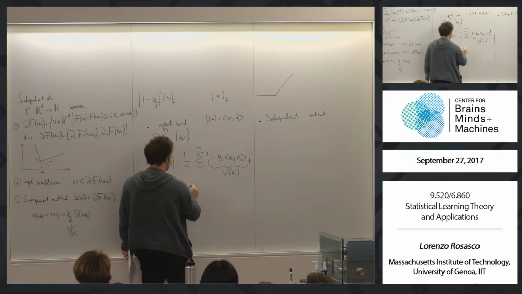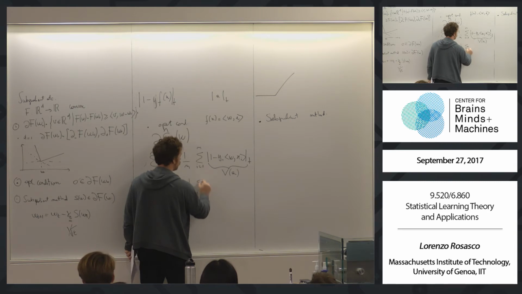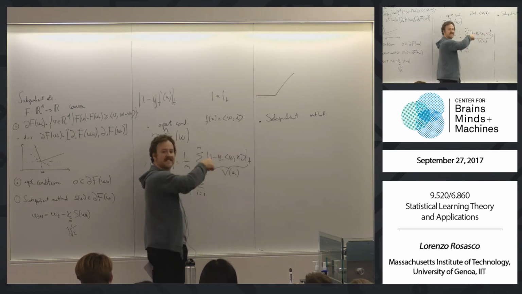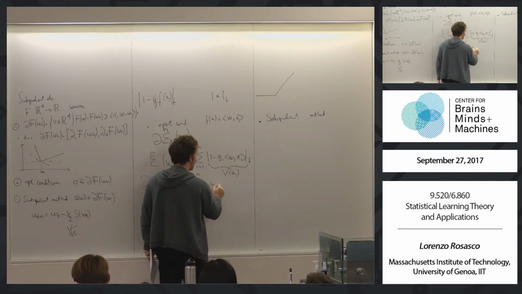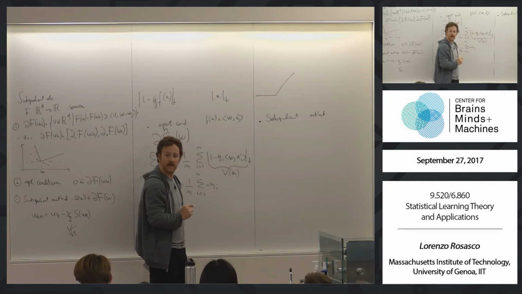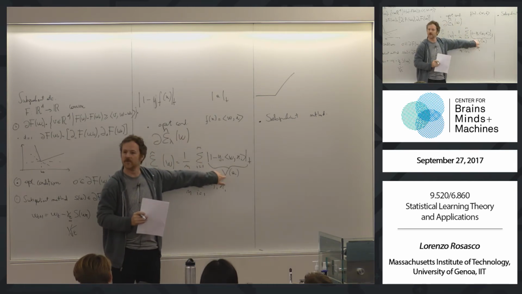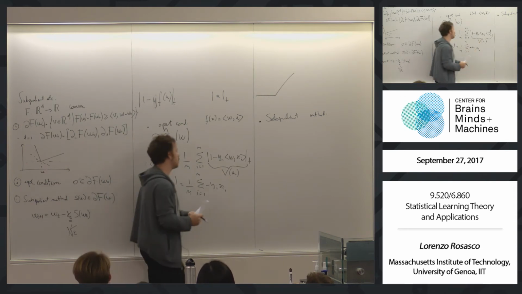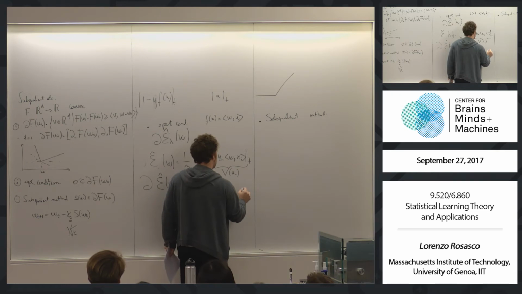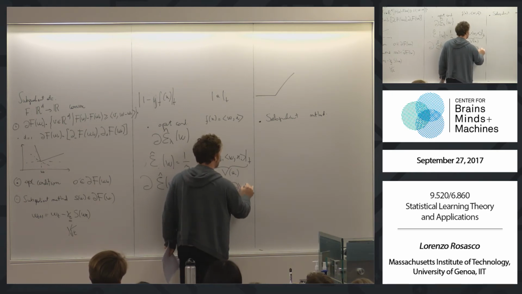You would get 1 over n, sum i to n, then the derivative inside would give you minus y_i x_i, and then you would get the derivative of this one-dimensional function. Well, now we get the subgradient of this one-dimensional function.